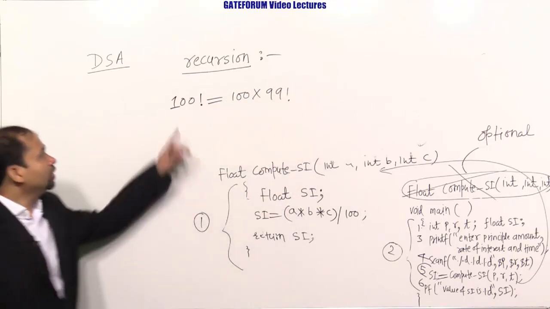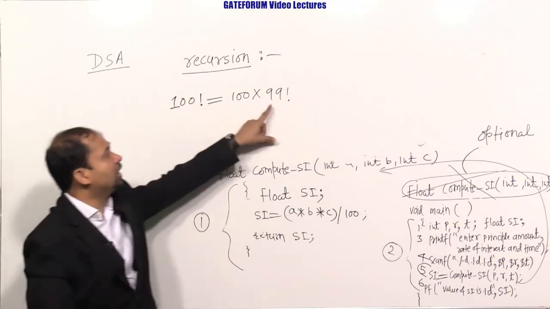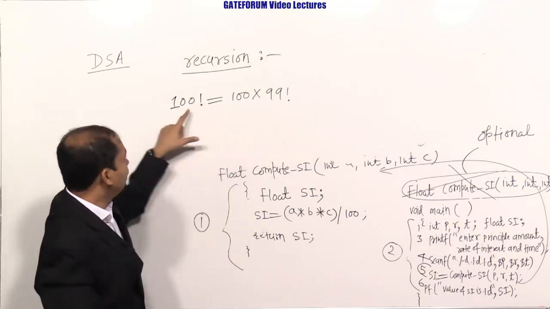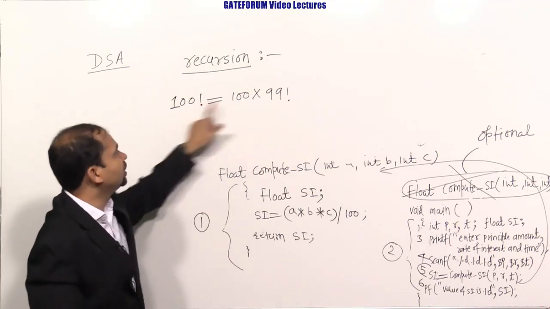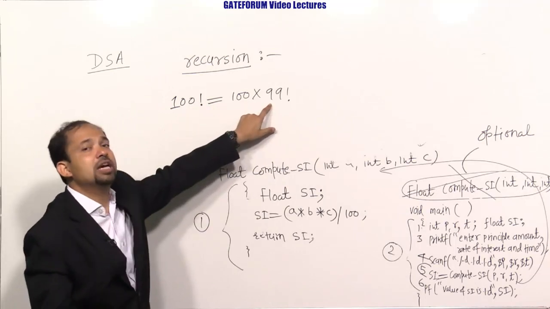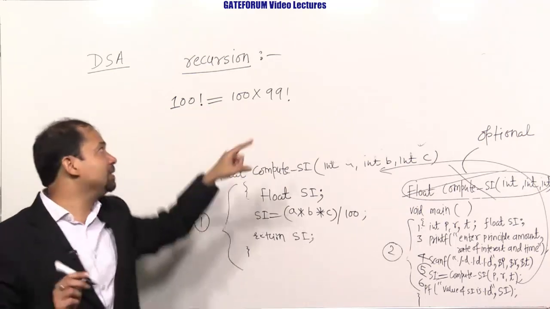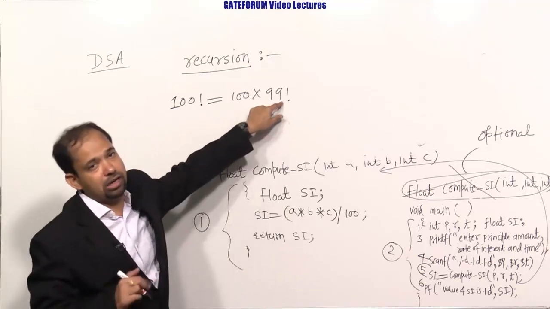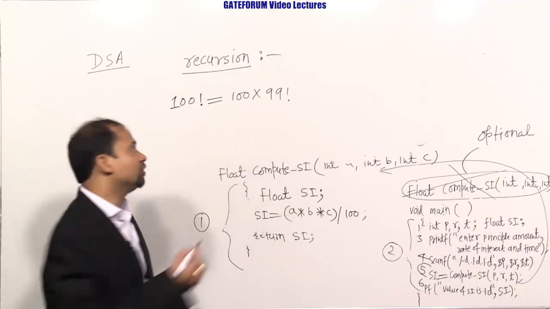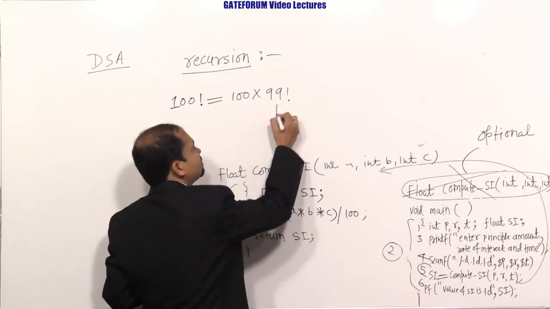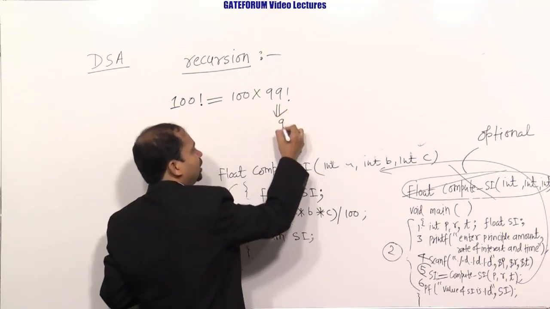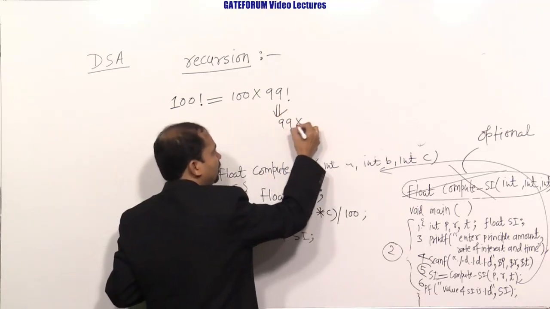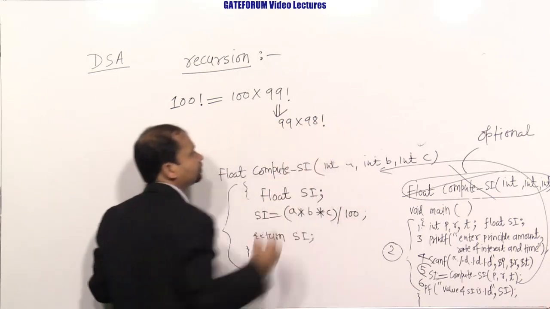So the answer to this question depends on the answer to this question. And as compared to 100 factorial, 99 factorial is a smaller problem. Again, this problem is still large enough; we don't know the answer. So it will continue in this manner: 99 factorial you can only answer if you have the value of 98 factorial.